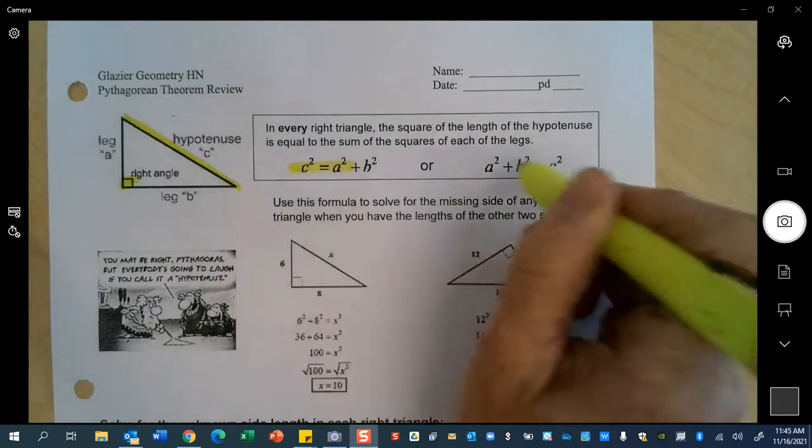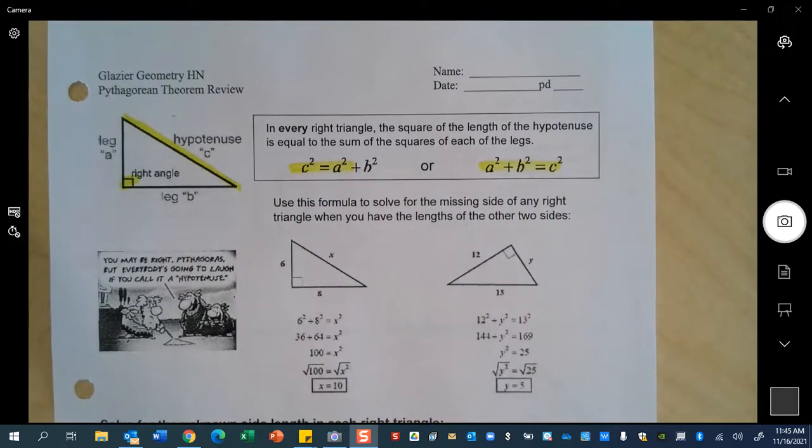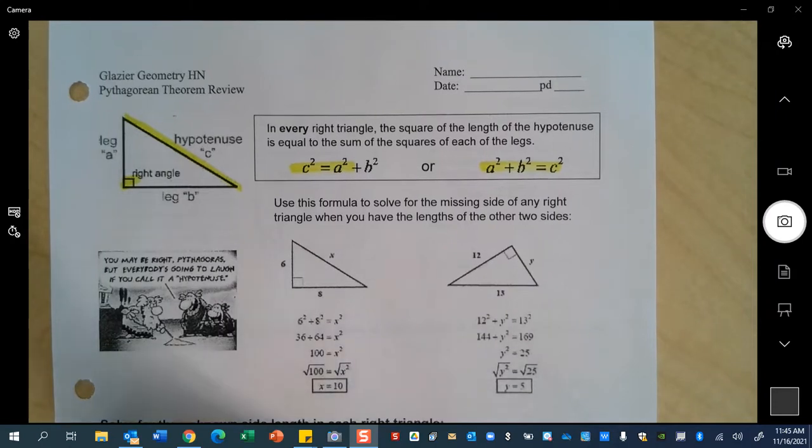Whether you put the Pythagorean theorem with c squared on the left or right, it doesn't matter. But what I want you to be able to do is identify the hypotenuse and then be able to write an equation to solve for it.